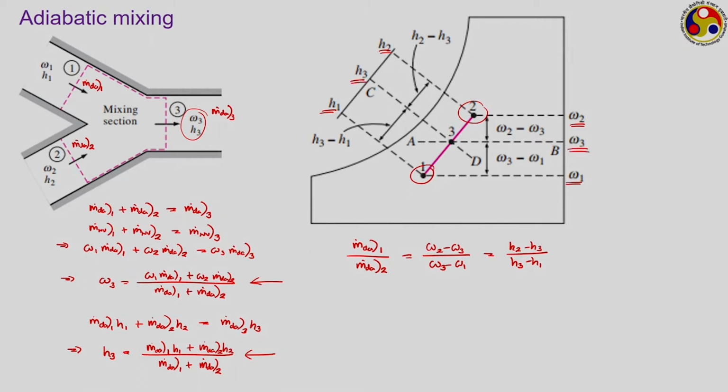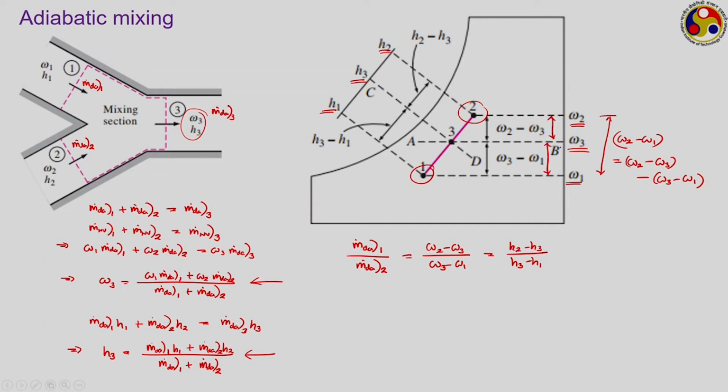Now, as this ratio is always given by omega 2 minus omega 3 upon omega 3 minus omega 1, the distance omega 2 minus omega 1 is divided into two parts: the first part omega 2 minus omega 3, and the second part omega 3 minus omega 1.